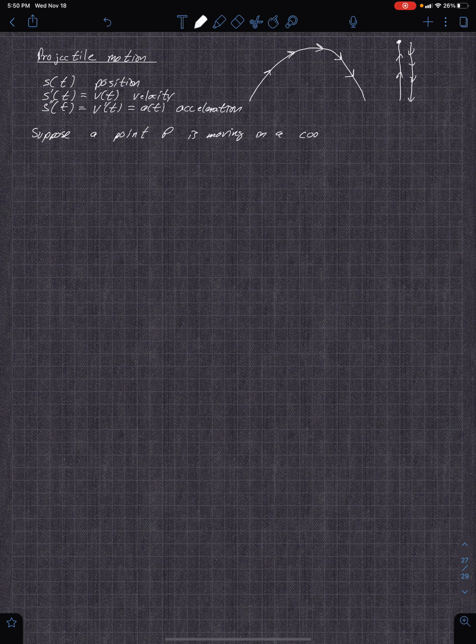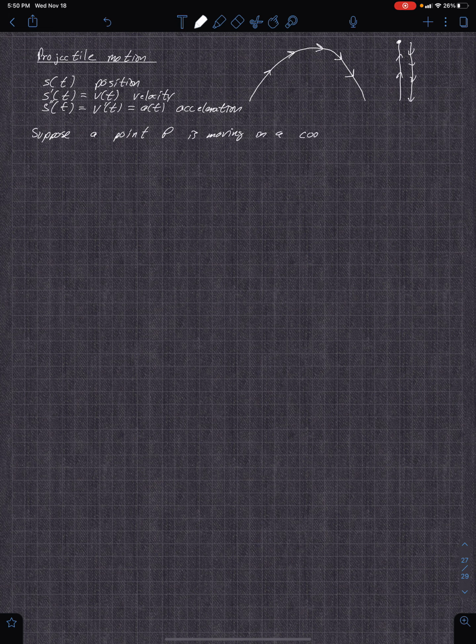Okay, so a stone is thrown vertically up in the air from a position of 144 feet above the ground with initial velocity of 96 feet per second. Disregard air resistance.